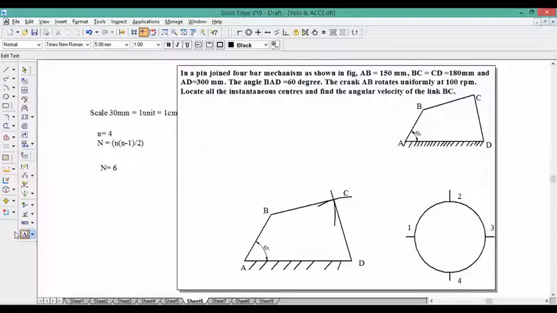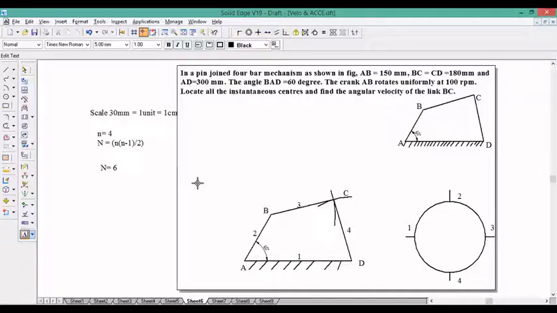Now we need to identify the instantaneous centers which are on the mechanism itself by inspection. We know that there are 2 types of instantaneous centers, primary and secondary instantaneous centers. They are also called fixed, permanent, and neither fixed nor permanent instantaneous centers. Now let us consider the fixed link as number 1, the crank as 2, the connecting rod, the coupler, as 3, followed by link 4.